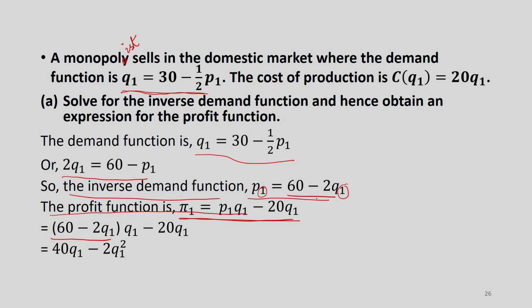So, I am using P1 multiplied by Q1 and minus the cost is 20 multiplied by Q1. So, this is simplifying to be 40 Q1 minus 2 Q1 square. So, this is the profit function pi 1.